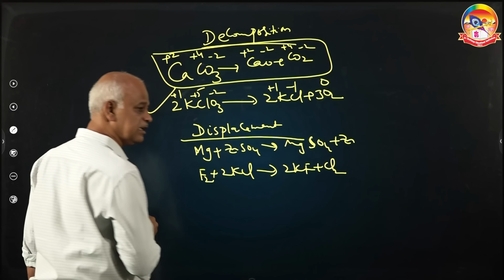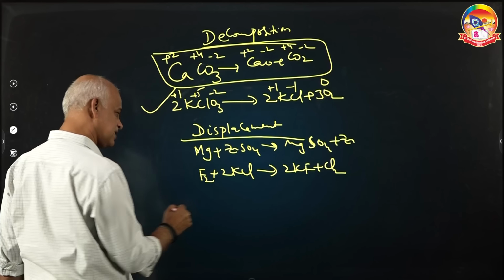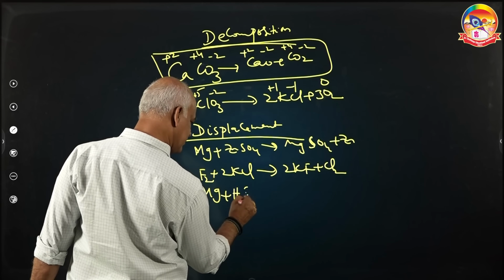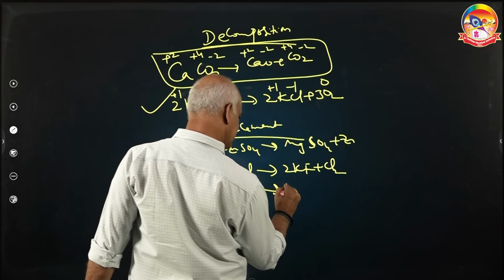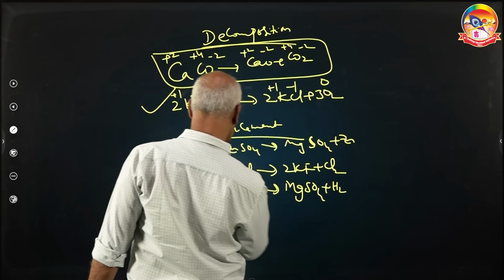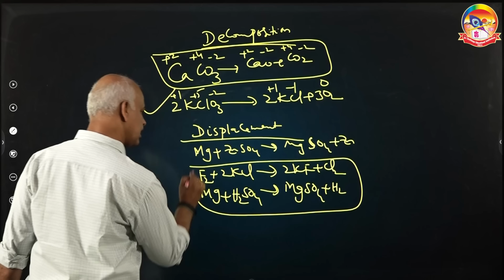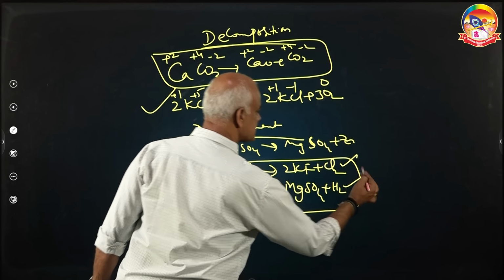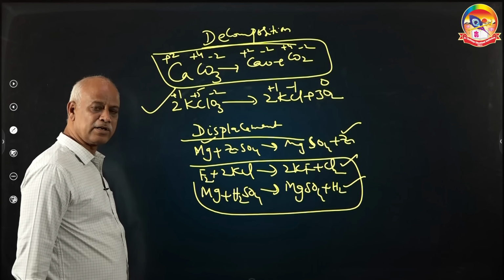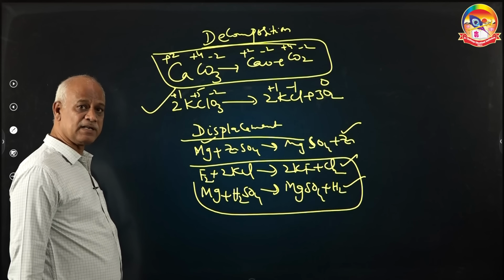This is a non-metal displacement reaction. Mg plus H2SO4 gives MgSO4 plus H2. These two come under the category of non-metal displacement. The first comes under the category of metal displacement reactions.